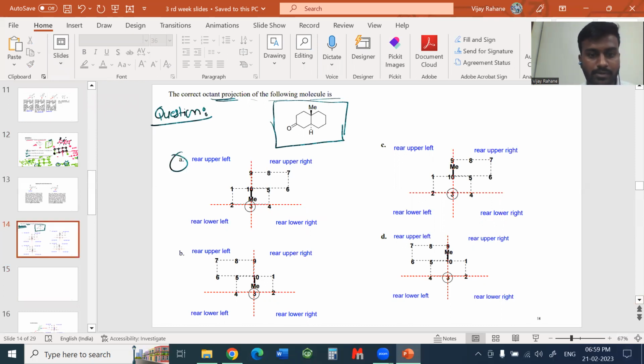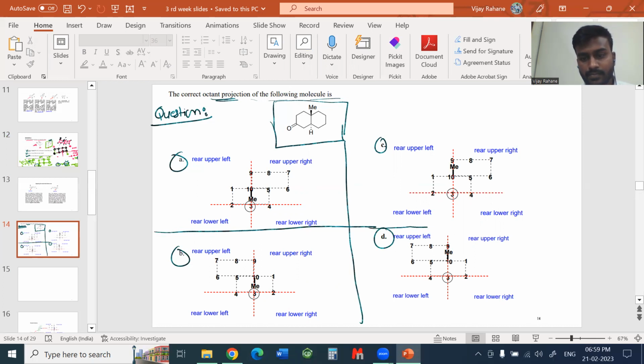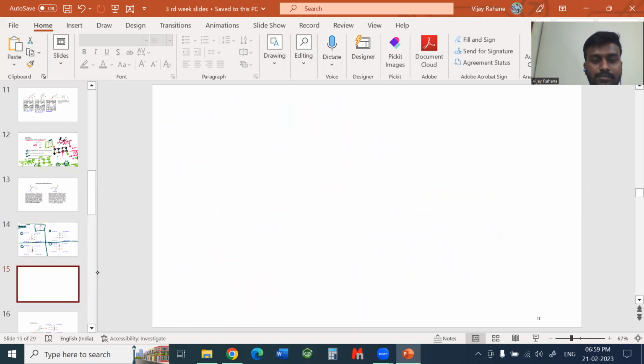A, B, C and D, these four options they have given, so we need to check which option is the correct option, right? So we directly draw the octane projection for this molecule and then we will match with this.